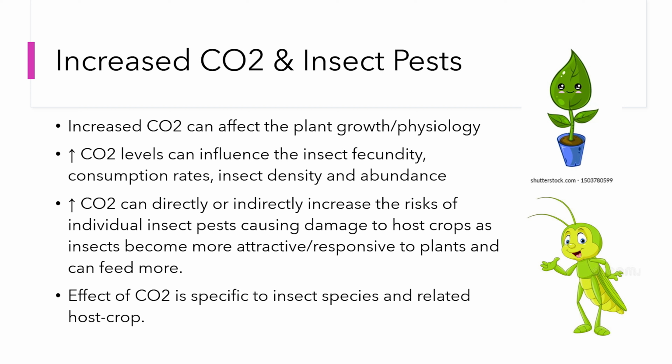So we can see some examples. One example of a direct effect is that increased carbon dioxide levels can increase insect fecundity, consumption rate, and also insect abundance and density. There has also been an indirect effect of making the host crop more susceptible.